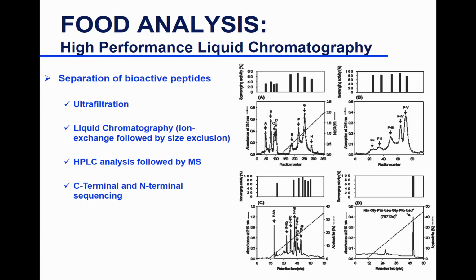So you not only isolated your peptide, you determined the peptide composition, and you got the peptide that is most potent, that has the highest activity. So you can do a lot of different things with HPLC, and this is one of the cool applications. You can purify using multiple modes of separation, and then identification.